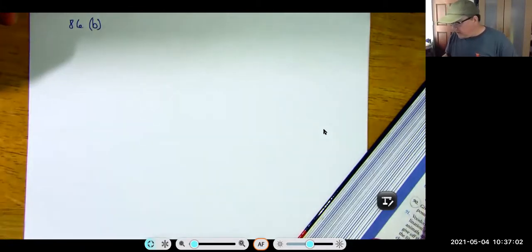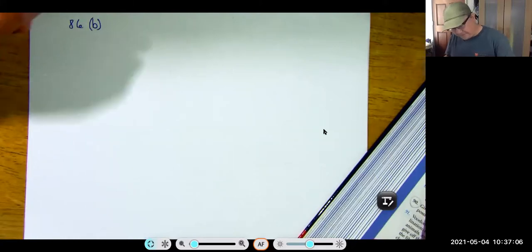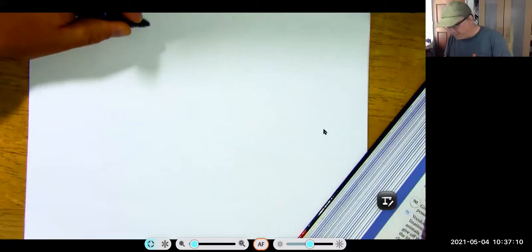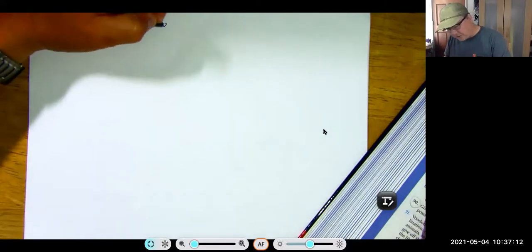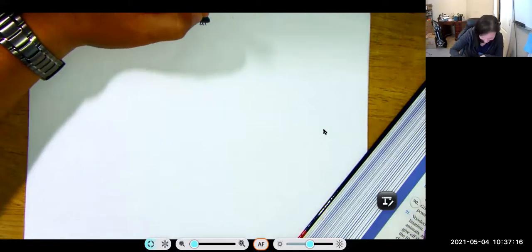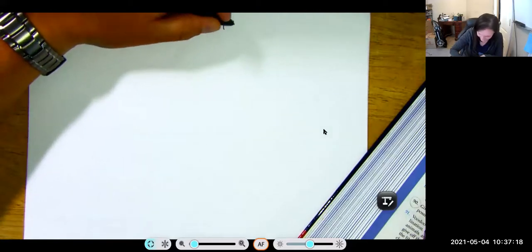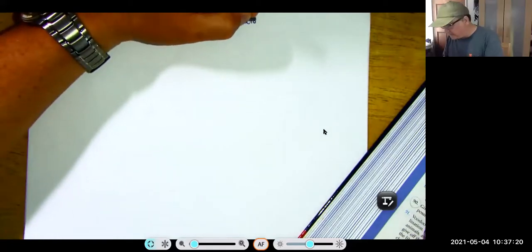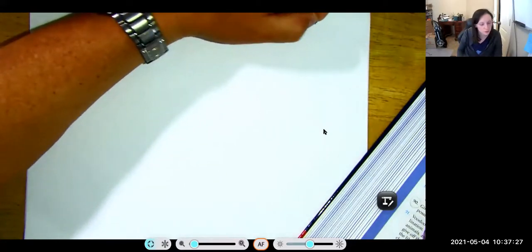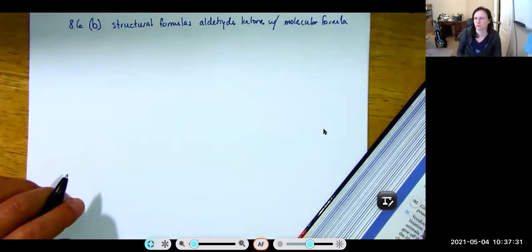Draw the structural formulas for an aldehyde and a ketone. Oh, now they're asking for structural formulas. I don't like that. Is it saying that that's one compound with an aldehyde and a ketone, or an aldehyde plus a ketone?